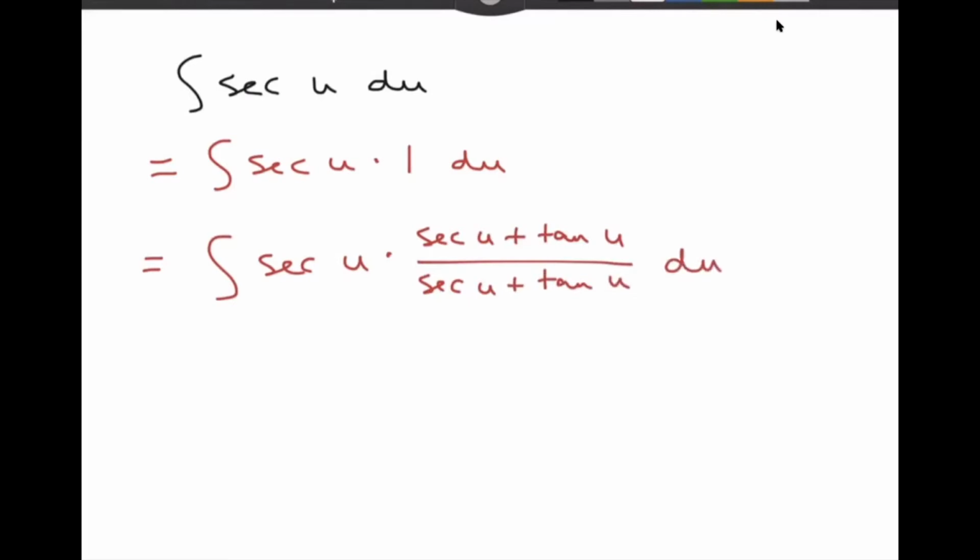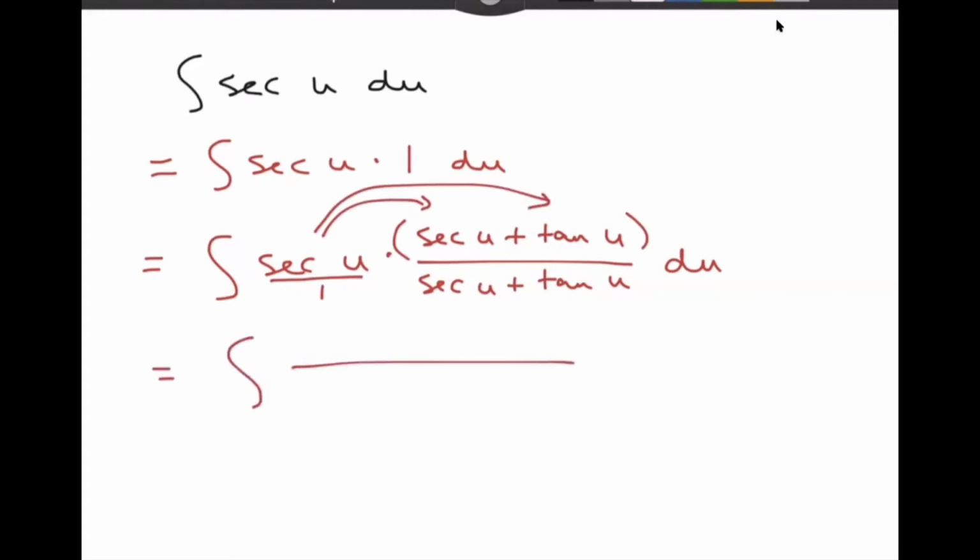All right. So, as I tell my Math C students, when you want to multiply something like this, put a 1 underneath. So, wouldn't that be the same thing? Wait till you see where this is going. It's so cool. As secant u plus tangent u on the bottom.